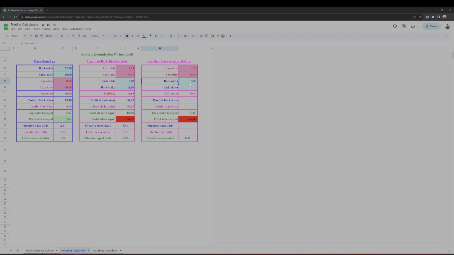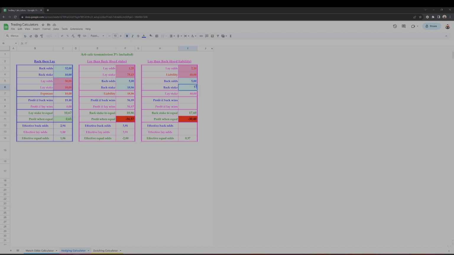If the back odds are 5 at the very moment, so the market moved in my favor, I can secure profit. But how to do that if I want this profit to be equal? This is what the calculator is telling me, right? Back stake to equal is 17.60.